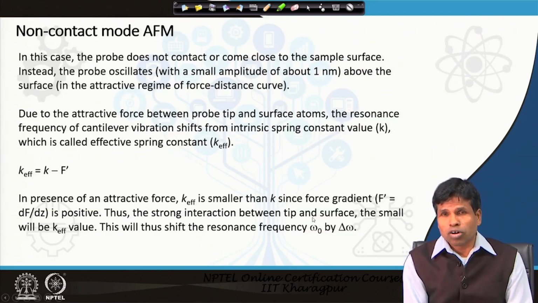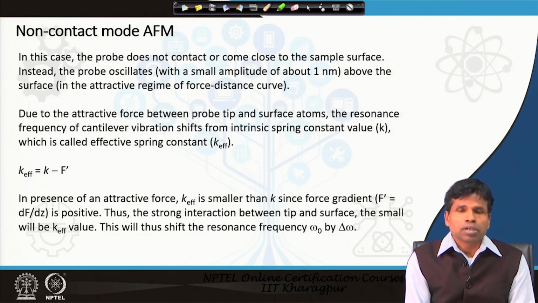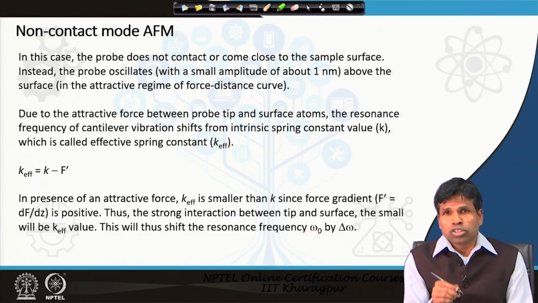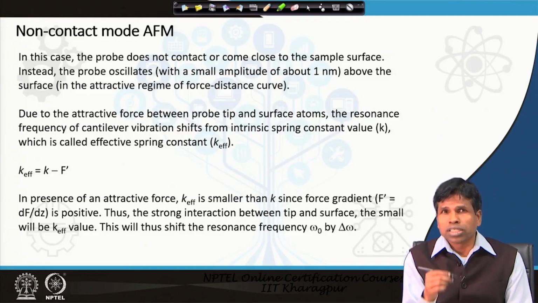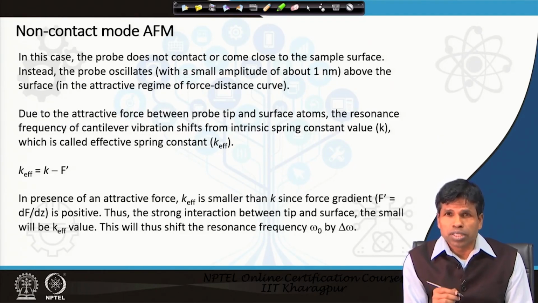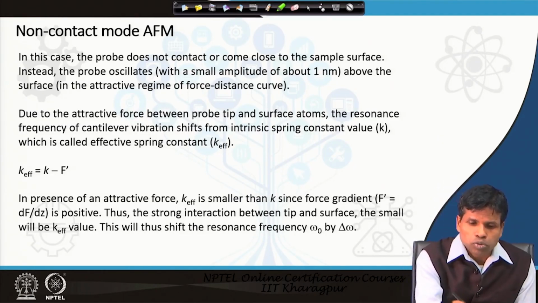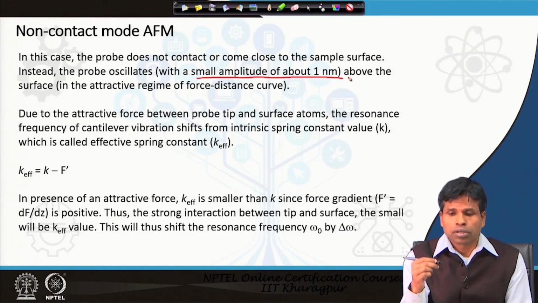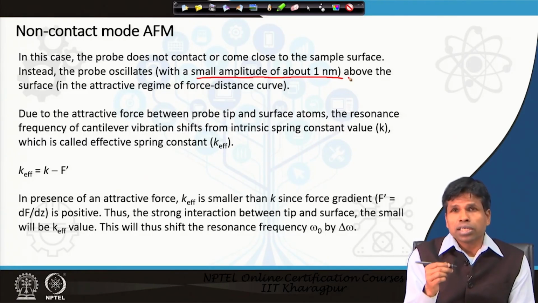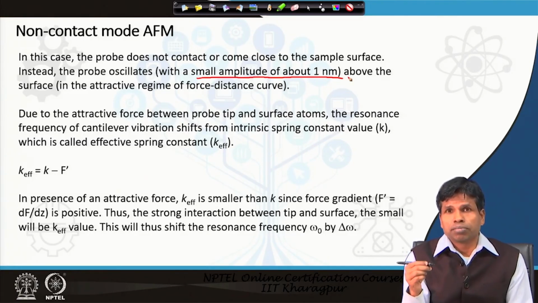In the non-contact mode of AFM, the probe does not contact or come close to the sample surface. Instead, the probe oscillates above the sample with a small amplitude. It is very important to note that it is a small amplitude, about 1 nanometer above the surface, and it is in the attractive regime.